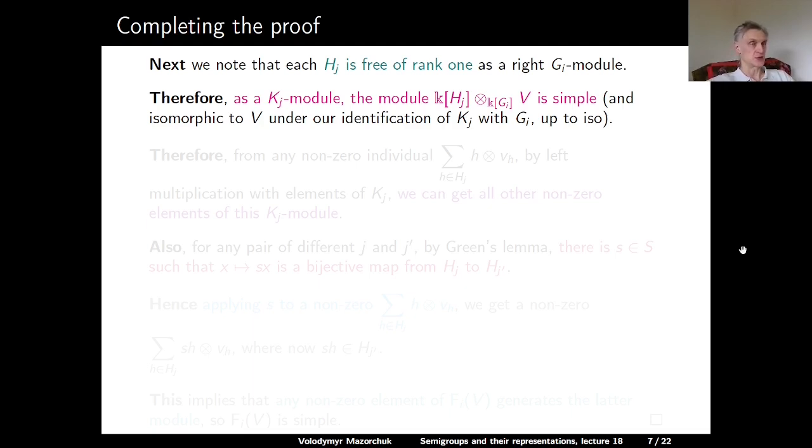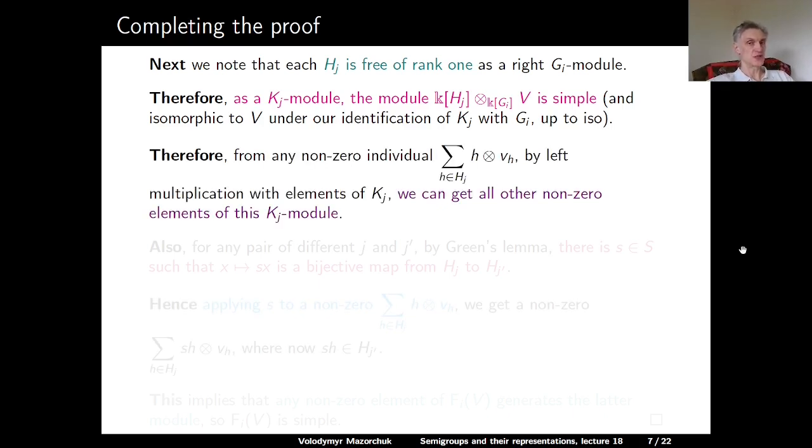And these are two isomorphic groups under our identification. Therefore, from any non-zero general element of the form sum over h tensor vh, by left multiplication with elements of Kj, we can get all other non-zero elements of this Kj module.